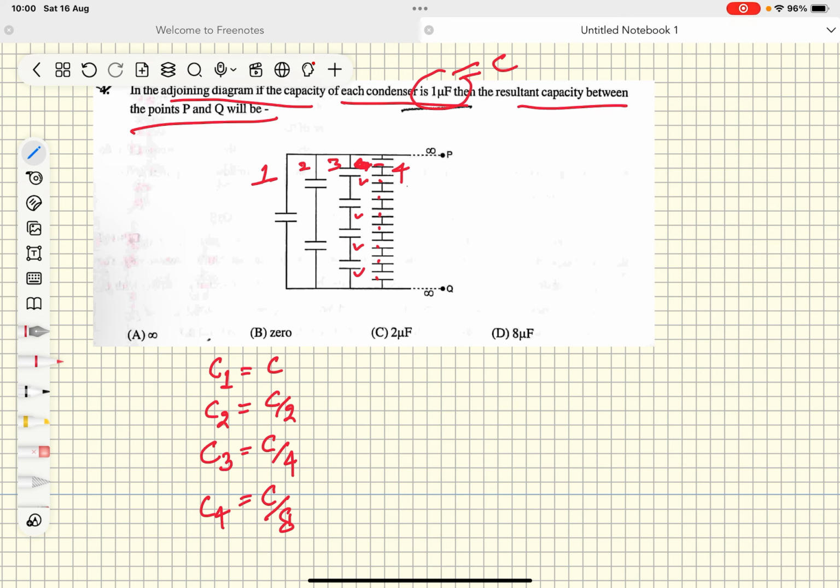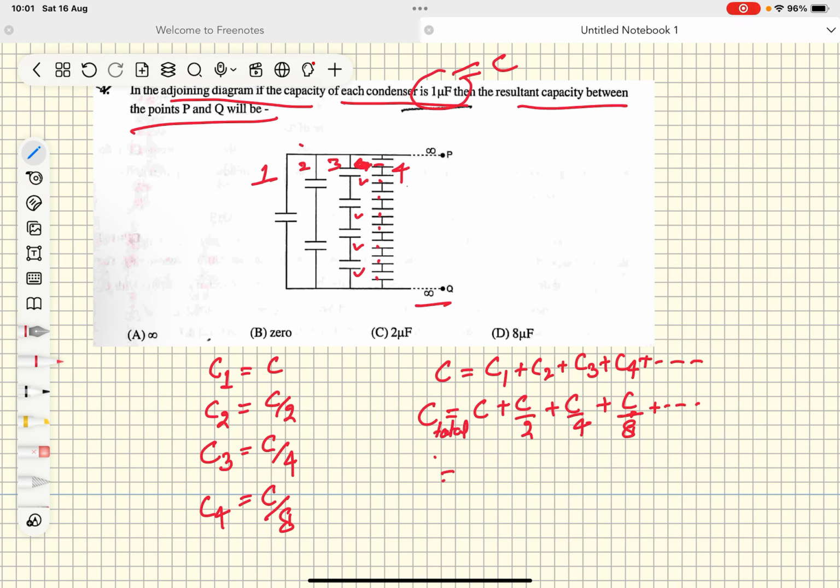Now all these branches are connected in parallel, so the total capacitance will be equal to C1 plus C2 plus C3 plus C4 and so on, because it is going up to infinity. So the total capacitance becomes C plus C by 2 plus C by 4 plus C by 8 and so on.